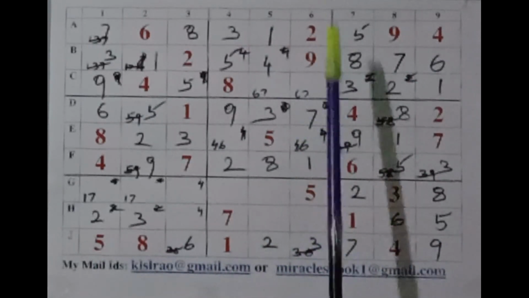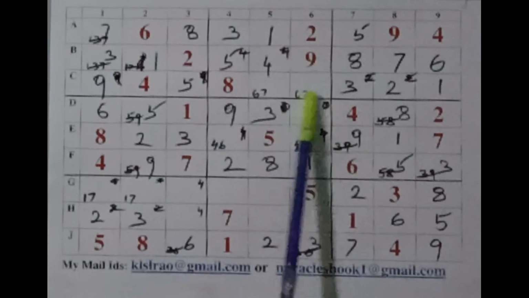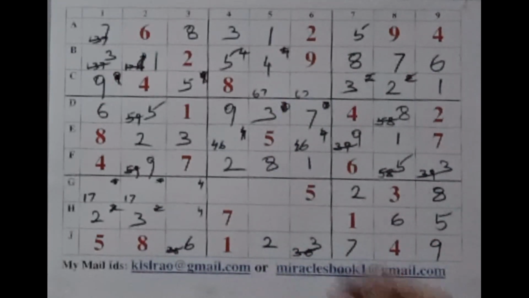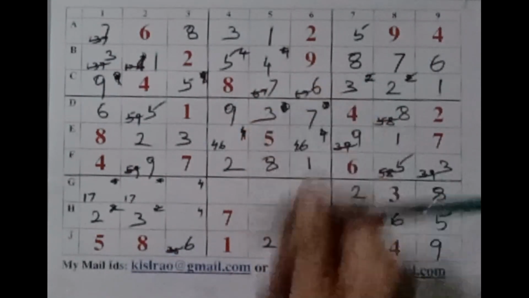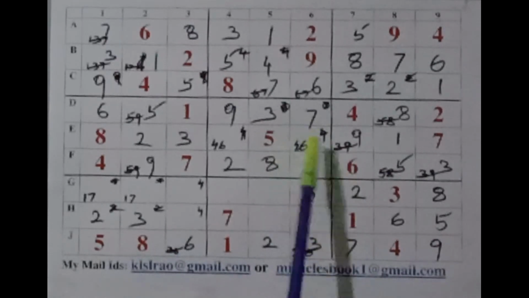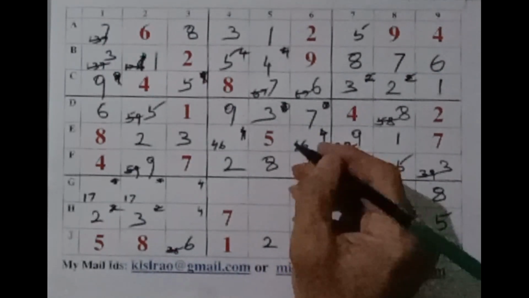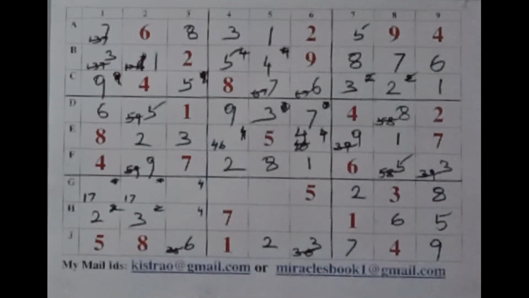Let us look at this column. This 7 should allow us to disband that pair. We get a 6 there and 7 here. Okay. And now that 6 will enable us to disband this pair. You get a 4 here, 4, and here is a 6.